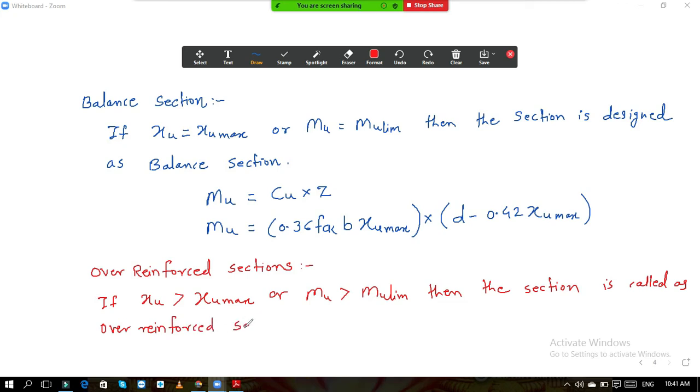Over reinforced section. Okay, so generally we avoid designing these types of sections.